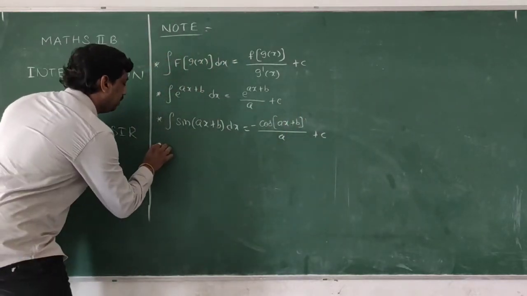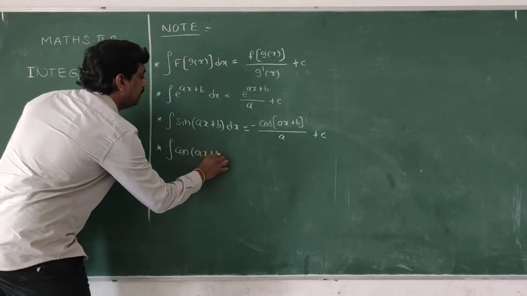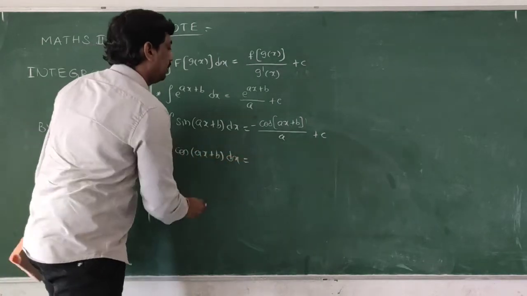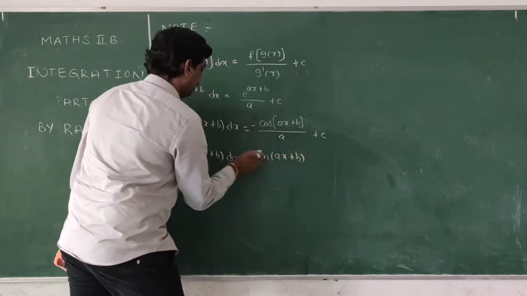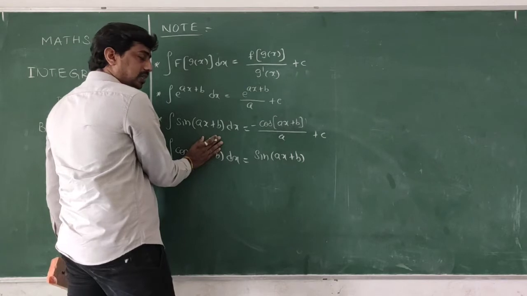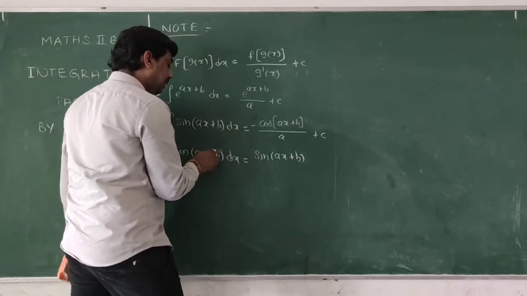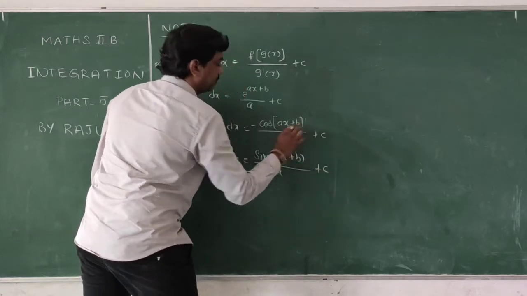The same way, the integration of cos of ax plus b equals sine of ax plus b. This is the form of the integration of cos x. The integration of cos x is sin x, by the internal function's derivative, that of ax plus b, which is a, plus c.